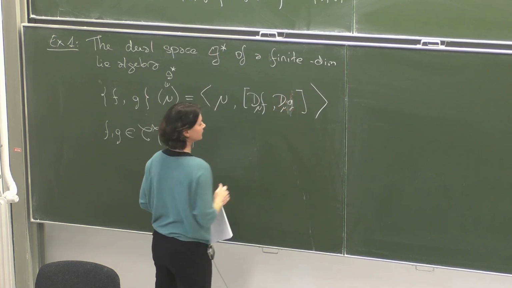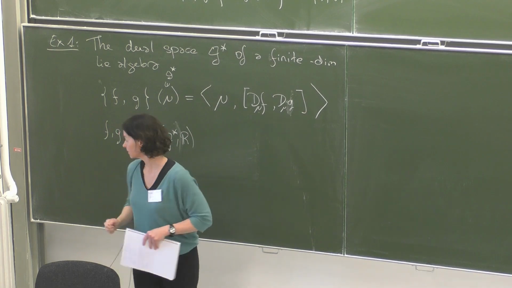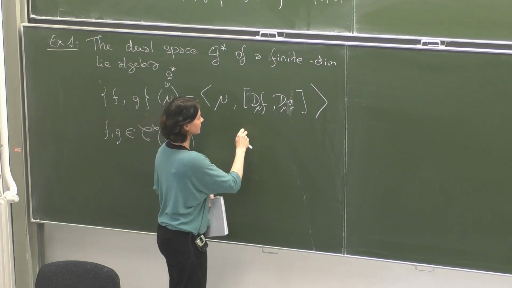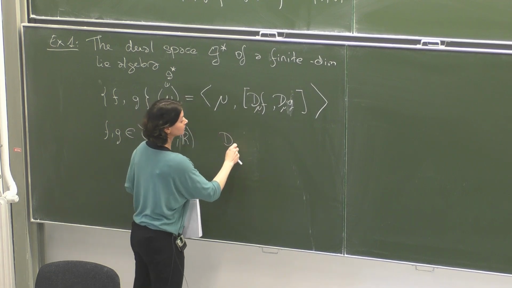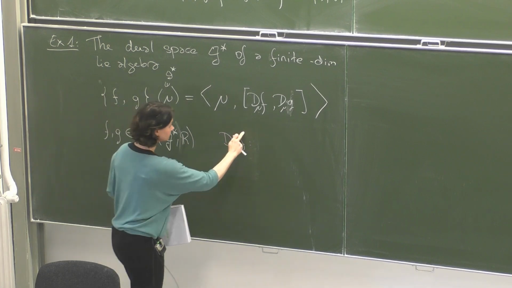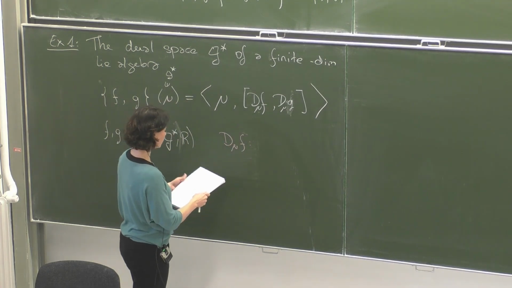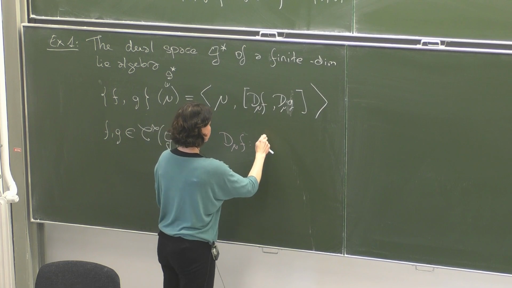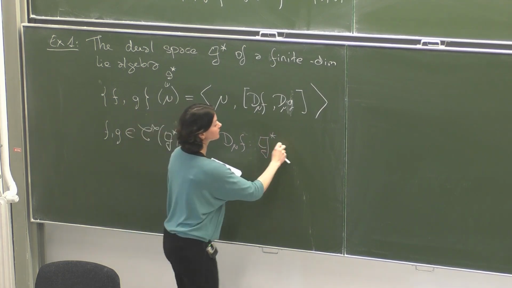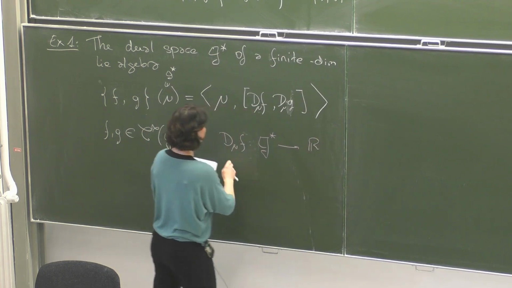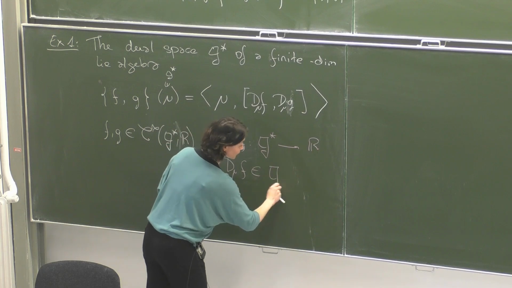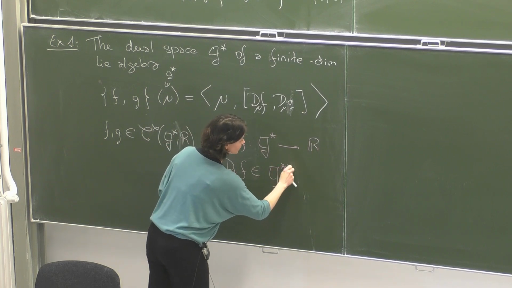But here we make an identification. Here what we do is the following. The differential of f is a function that takes a vector in G star and gives us a real number. So this is in fact an element of the dual of G star, so the dual of G star.